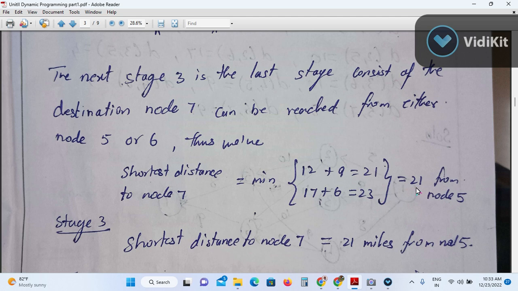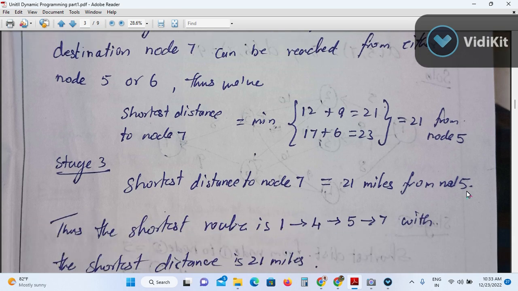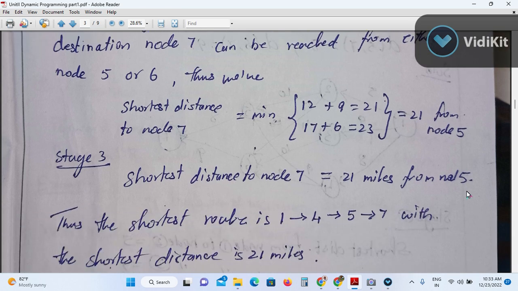So what do I have to do? I have to come from 5, which is the shortest distance. If you go for 5, then the corresponding predecessor is 4, and from 4 it is 1. So concluding, for 7, 5 is the shortest distance we observed, and in the previous stage we observed the shortest distance to reach 5 is from 4, and for 4, from 1.